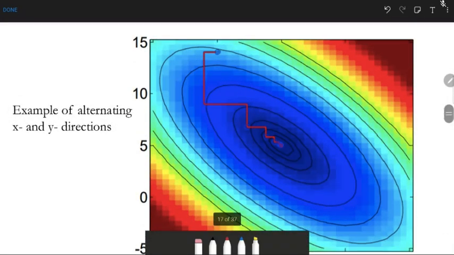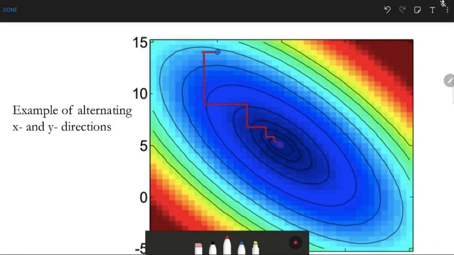Okay, this one alternates x and y directions. So it's like go in the direction where x is decreasing. He will search in this direction. Is it right or left? It is decreasing to the left, so this person will go left. At some point, he'll come and stop. The next question he'll ask is, where is y decreasing? Is it up or down?